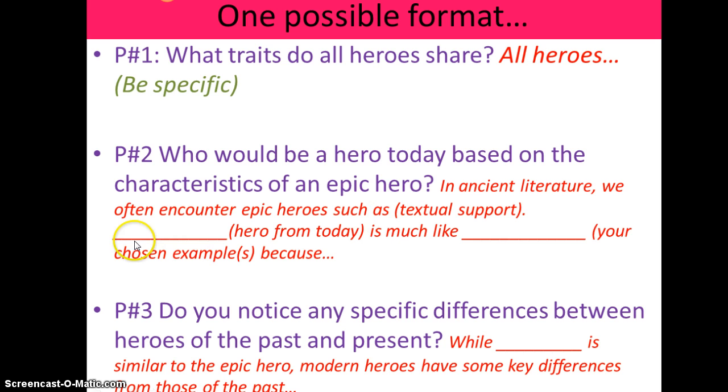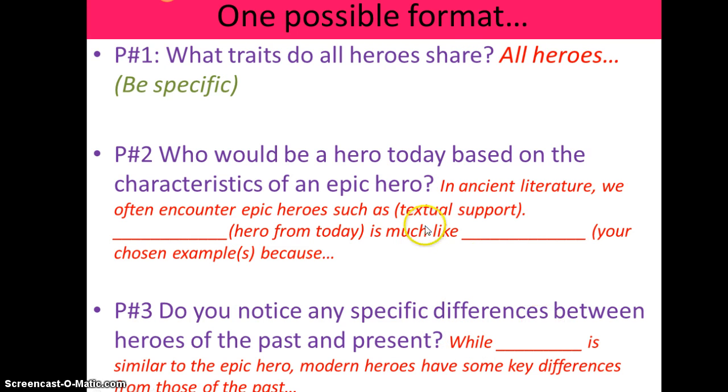Then I can say something like, whoever my hero from today is much like the above because, and then I explain what kind of hero this is and why that hero is similar to the epic hero, bringing in specifics about what makes an epic hero. And then my third paragraph, do you notice any specific differences between heroes of the past and present? I again have a transitional sentence that connects everything together.